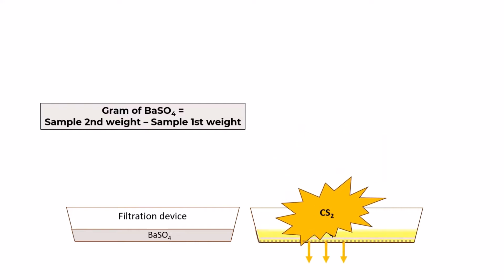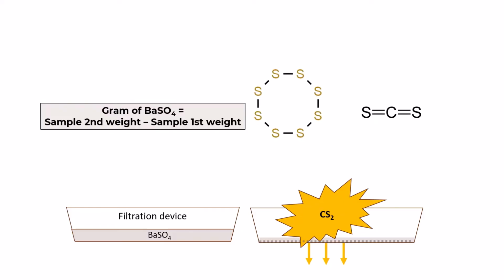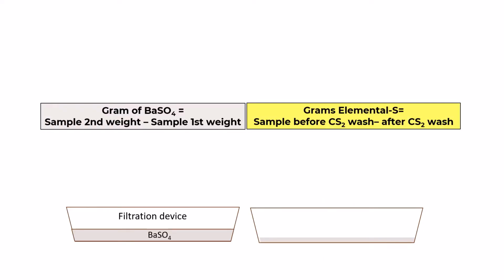Carbon disulfide is then used to dissolve and remove elemental sulfur. Because elemental sulfur and carbon disulfide are both similar nonpolar substances, elemental sulfur is soluble in carbon disulfide. The difference between the initial residue weight and the final carbon disulfide washed residue weight is attributed to the removal of elemental sulfur.